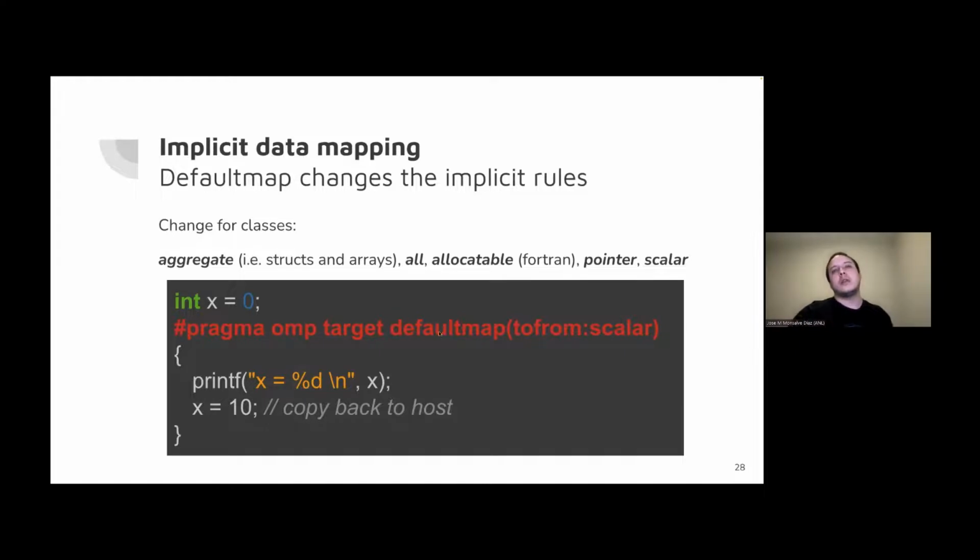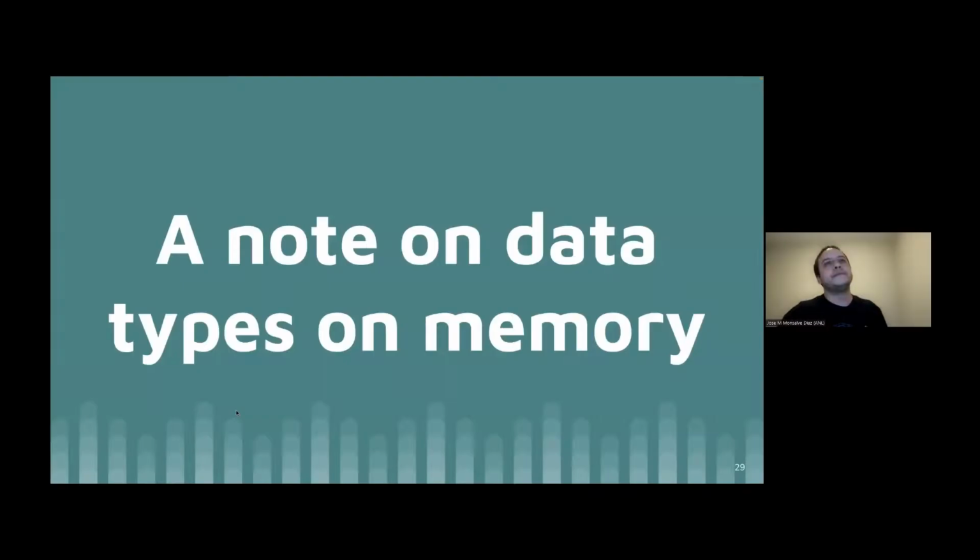So there are going to be any number of clauses that I'm not going to be covering here, but you can start learning from what I'm trying to give you here. In this case, if you use the default map, you specify what type, so to from, and you specify the type of variable for which you are trying to change the default map behavior, then you are able to make, for example, scalar values be mapped to from by default, right? So you don't have to go and map each scalar variable one at a time.